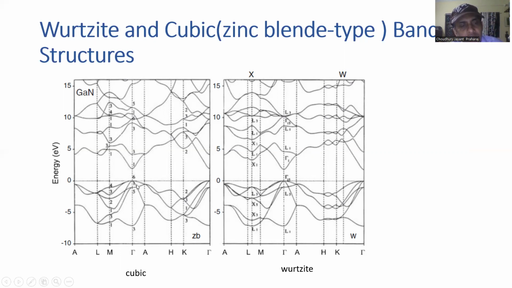And therefore, the density of states deep inside the valence band and inside the conduction band often become very relevant for determining optical properties like absorption coefficient. So that's a thing to keep in mind while designing solar cells from this kind of material system.